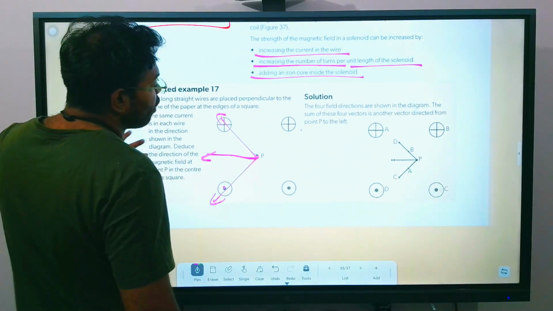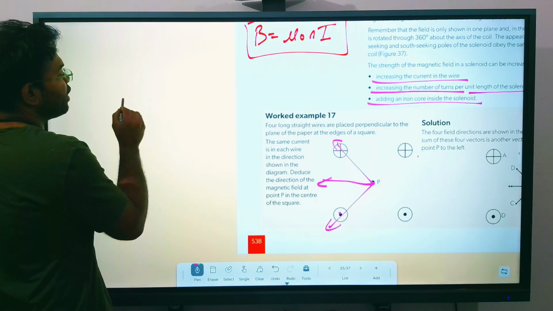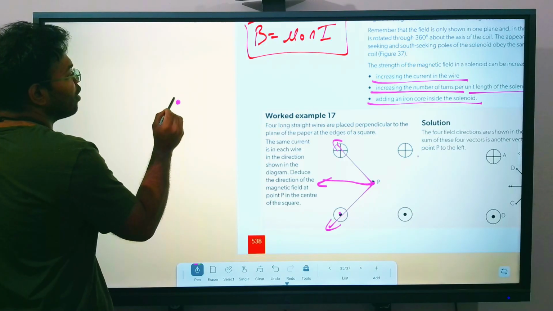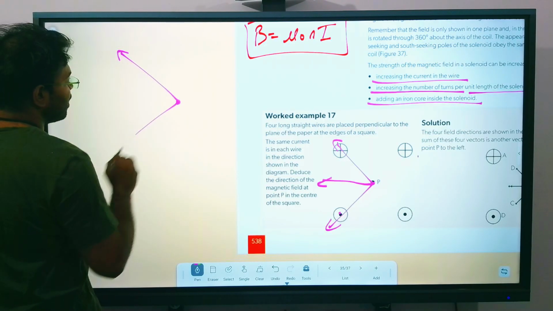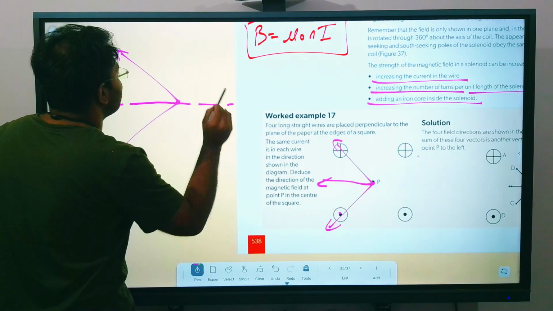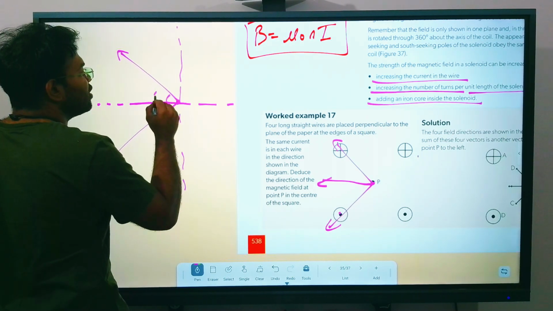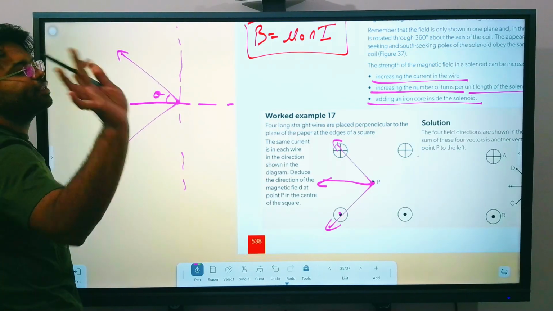So basically, I'll show you how we do it. If you assume that you have a particle like this here, there is a magnetic field like this here, and a magnetic field like this here. All you have to do is create an imaginary horizontal and vertical line and call this angle theta.